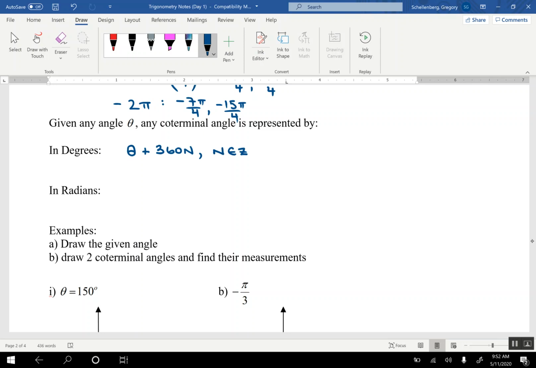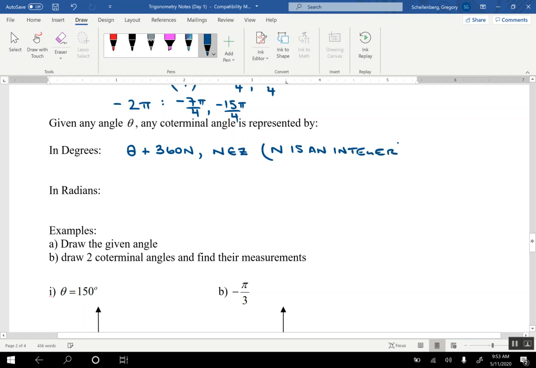You've often seen something like x is an element of R, x is an element of the set of real numbers. What does n in Z mean? It means that n is an element of the set of integers.